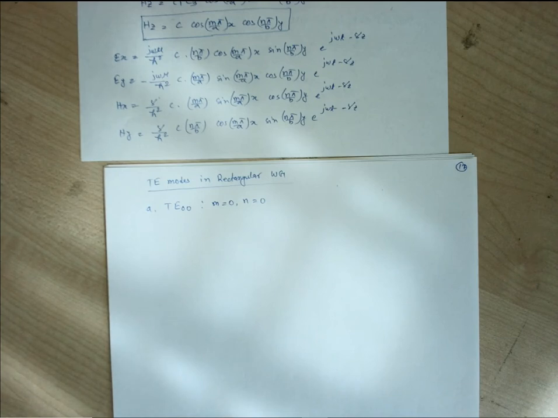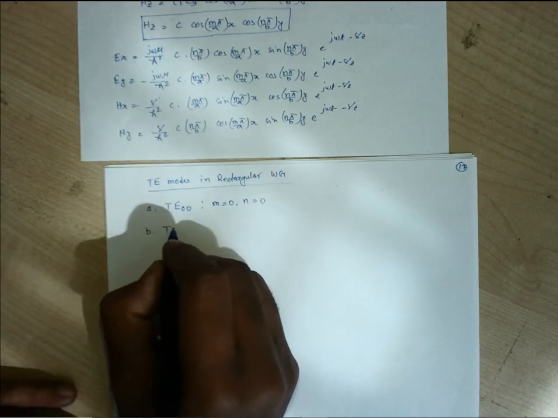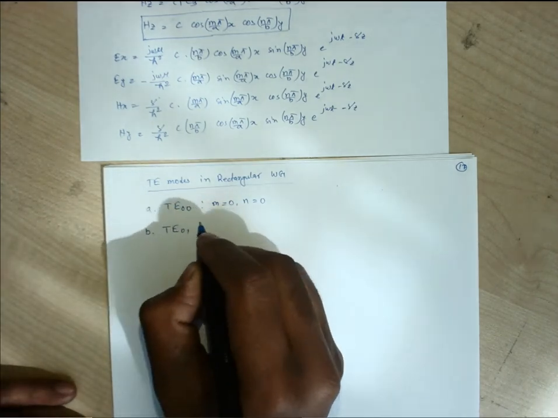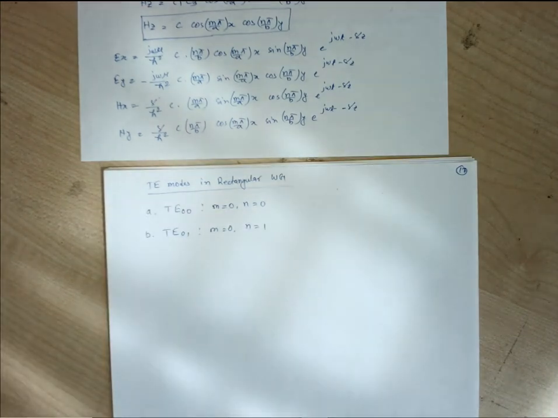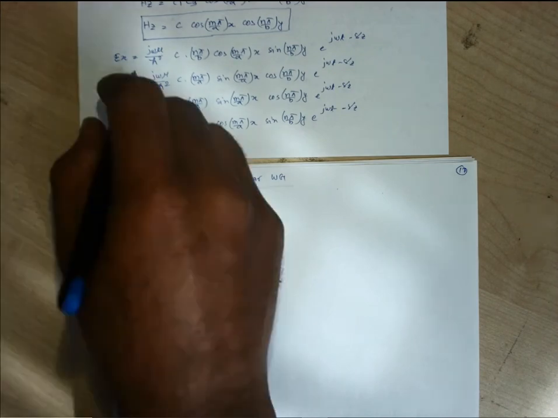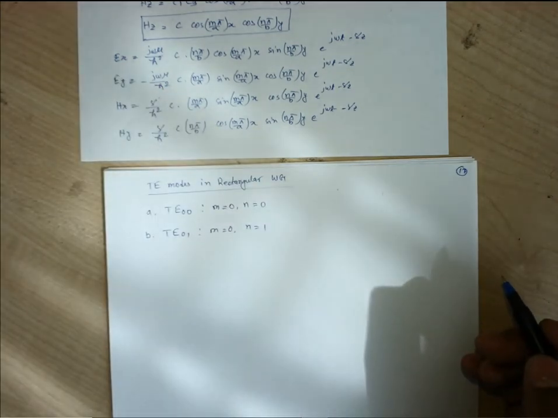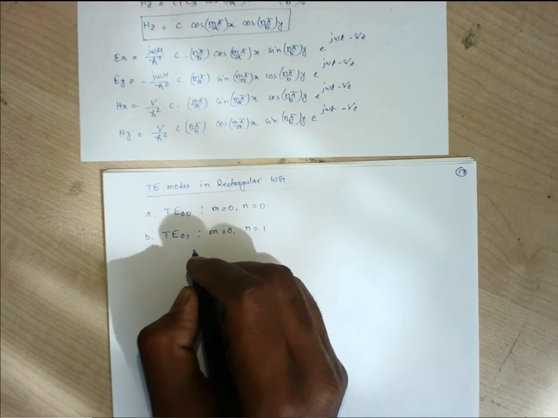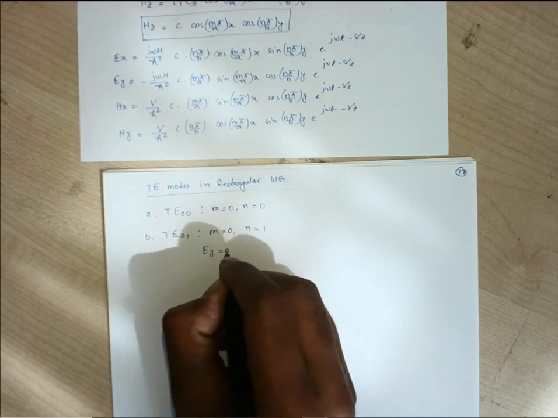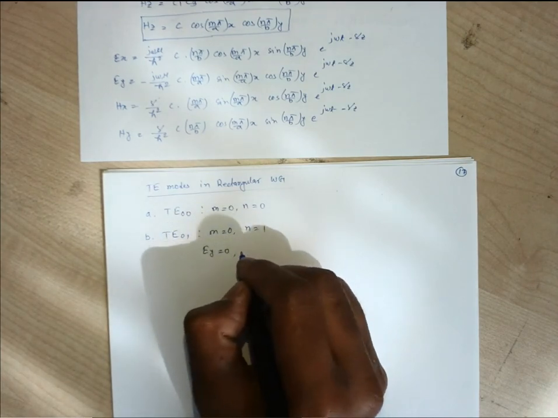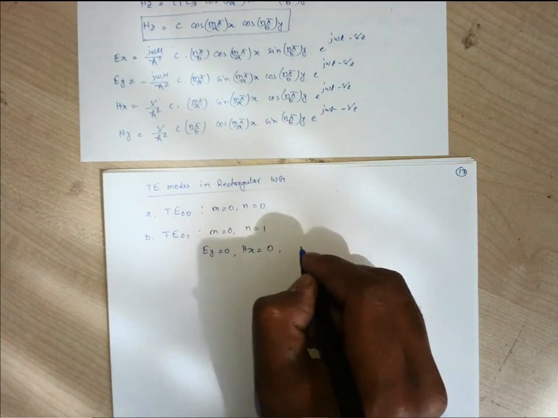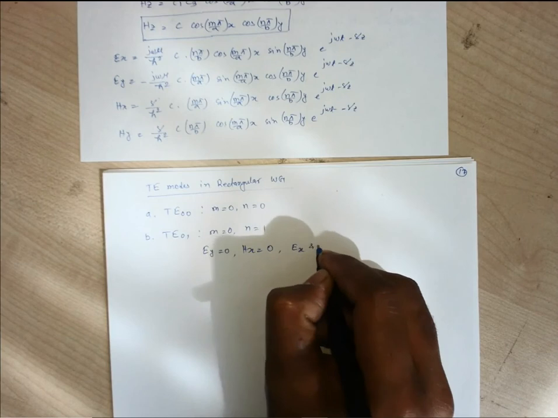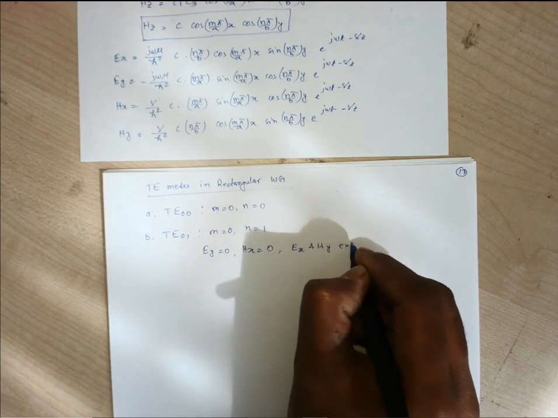Now let us check other field components. TE01, that is m = 0, n = 1. If we look into these field components, we will find that Ey is 0, Hx is 0, but Ex and Hy exist.